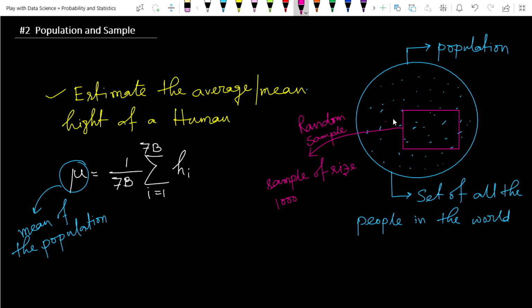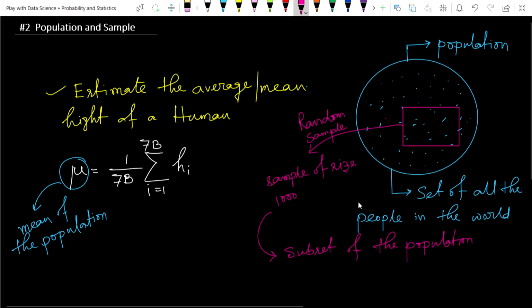I think you have understood. Now this is the sample, a small subset of the population. Because it is a small subset of randomly picked points from our population, we can easily find its mean.